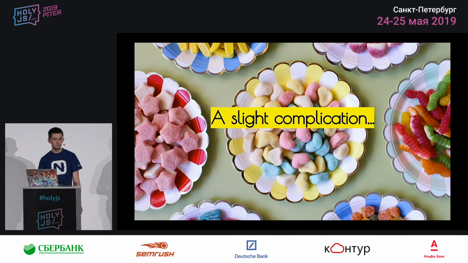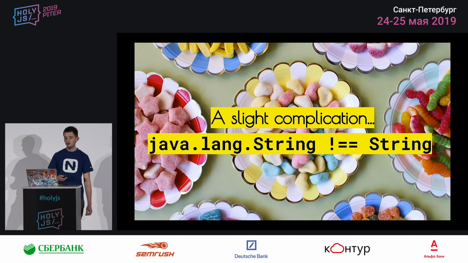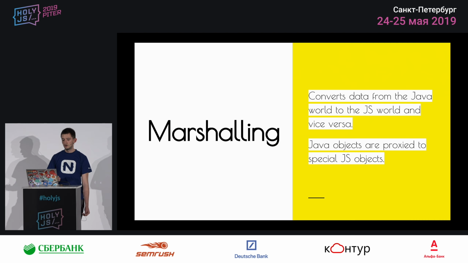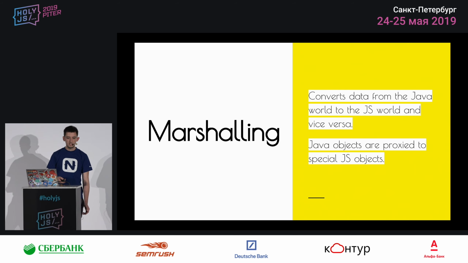We have its value, we have its type, but there's a slight complication. V8's types and Android's types are quite different. So it would be really convenient to have some marshalling service to convert the data between the two VMs. For primitive types like strings, integers, doubles, they're converted to their analog in the other world. However, native Java objects are, as I mentioned, proxied to special JavaScript objects.